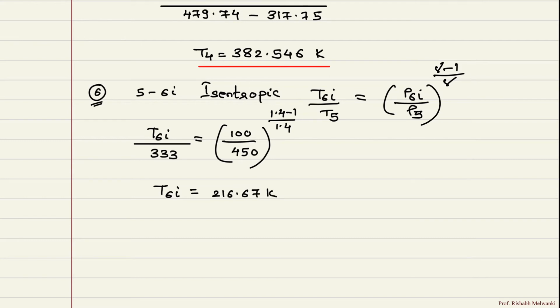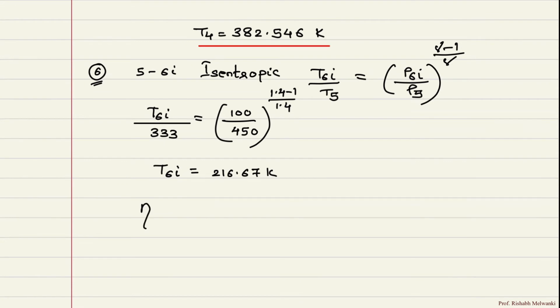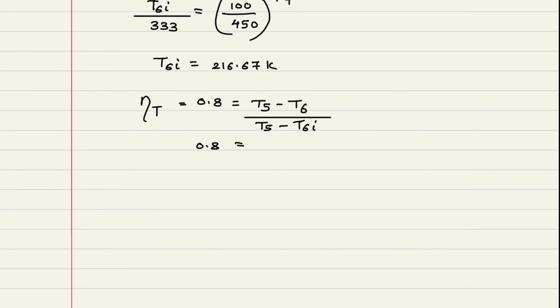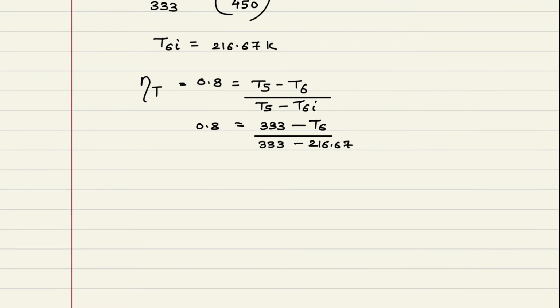Now we have to calculate point 6 temperature, so we use the efficiency of turbine, which is given as 0.8. That formula we have discussed: T5 minus T6 divided by T5 minus T6i. So from here the only unknown is T6.